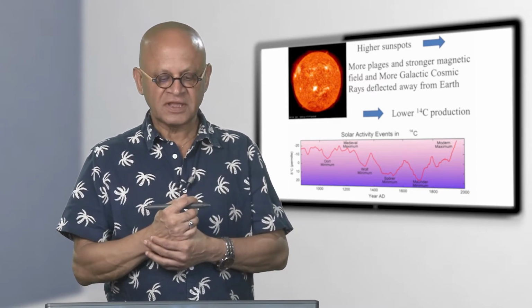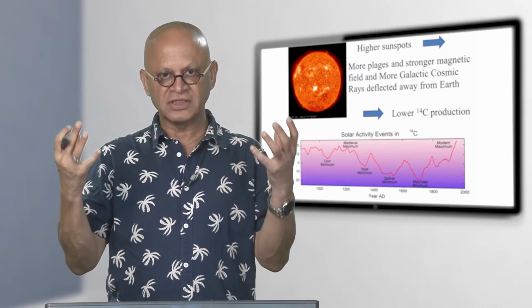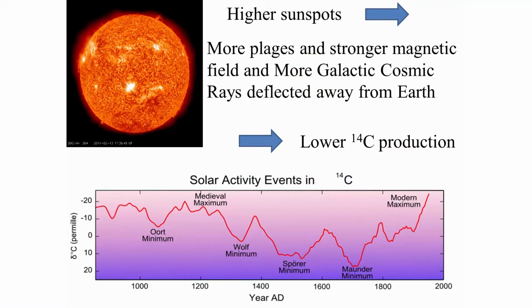The other is solar variability. We said solar variability could be because of changes in the strength of solar fusion activities themselves, or there are knots that get formed and that create black spots, and they are called sunspots. The critical thing to remember here is that when a sunspot forms, around it a bright region called plage forms.